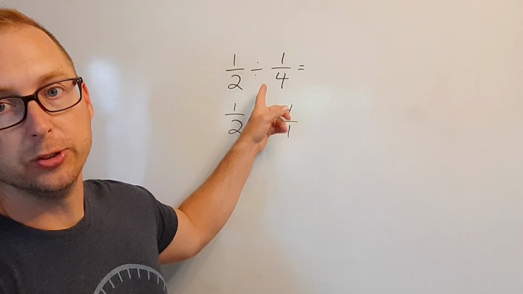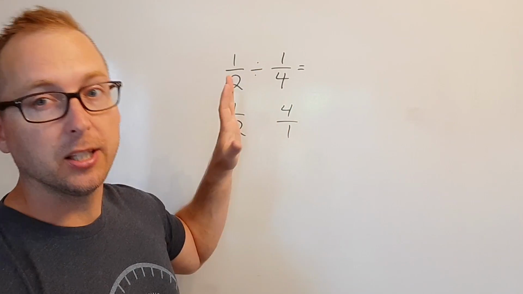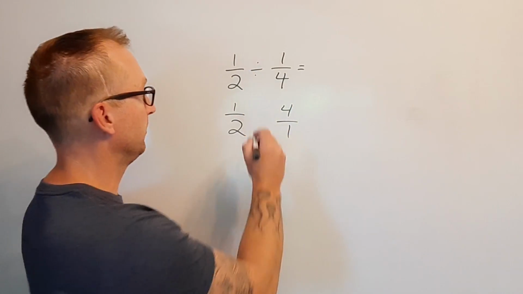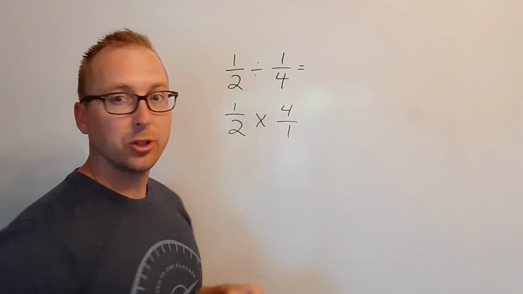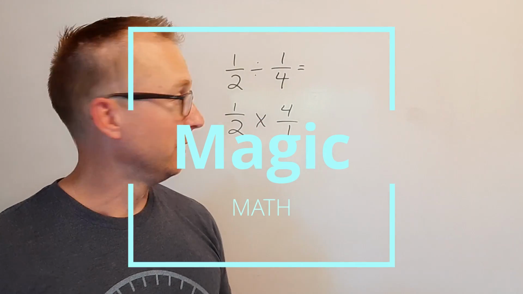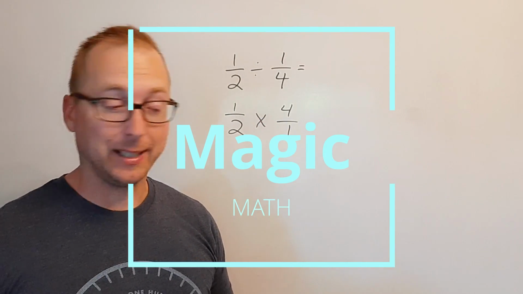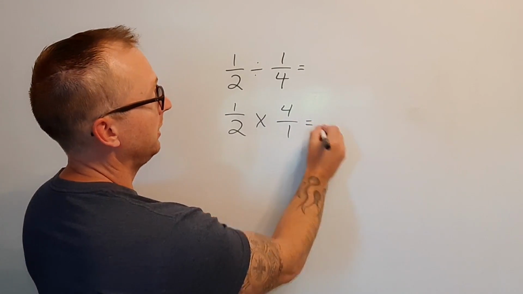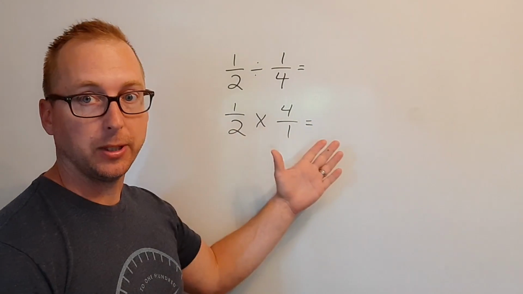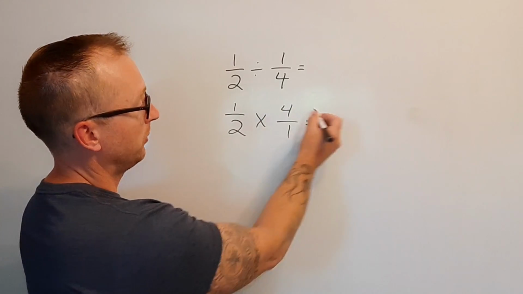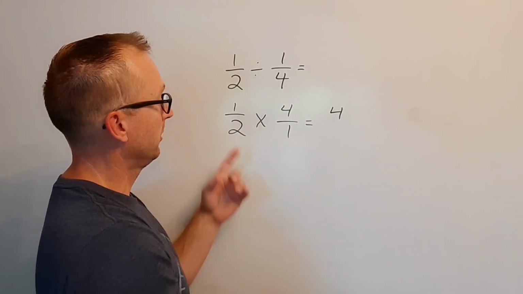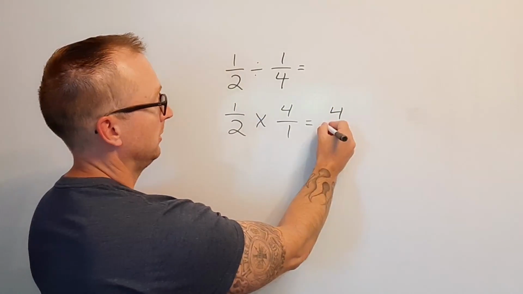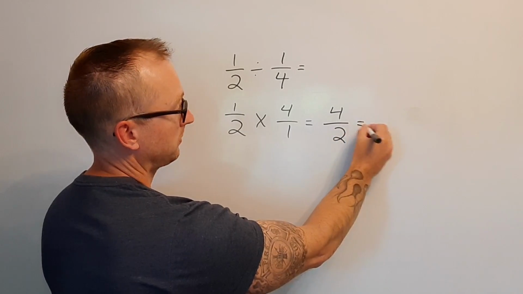And what you do is you take the division and then you change it to multiplication. That's called magic math. So anything that doesn't make sense on why it does it, then you just call it magic. So what we get here is, now we just multiply across. So 1 times 4 is 4. 2 times 1 is 2.